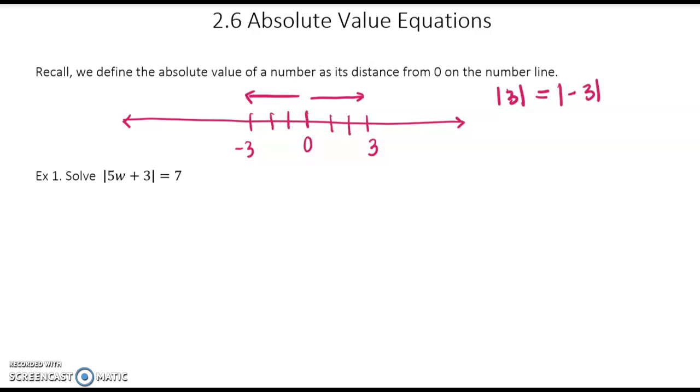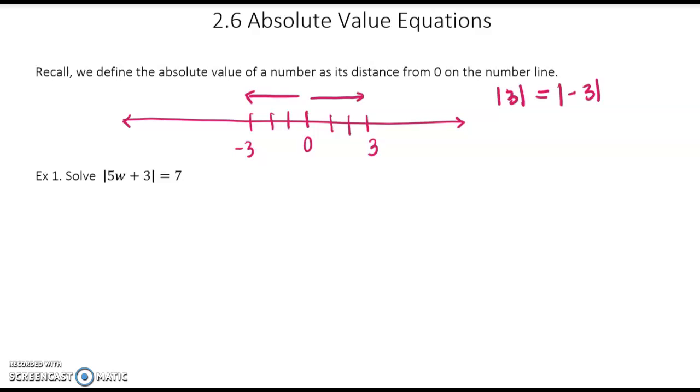So when we're solving, for example, this one, the absolute value of 5w plus 3 equals 7, we're trying to figure out when this absolute value is 7 away from 0. So you could go to positive 7 or negative 7.